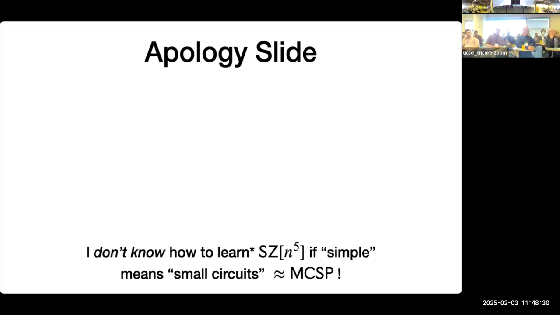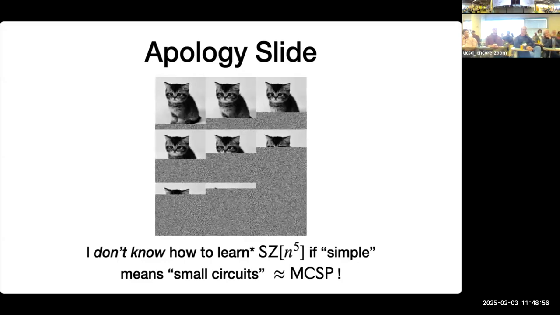I actually don't know how to learn this complexity class if simple in our repeated learning reduces to distinguishing simple from complex. If we take simple in that phrase to mean small circuits and thus MCSP, I can't do it. I cannot reduce this problem to MCSP. Don't know how. Here's more hybrid kittens by way of apology.